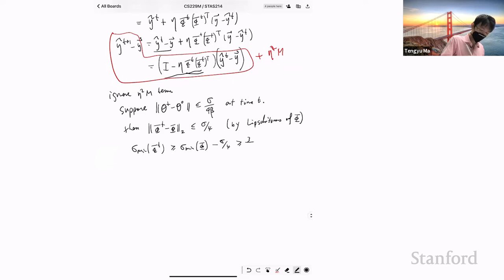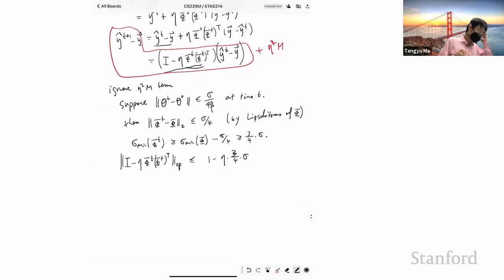This is larger than 3 over 4 times sigma. So sigma min of phi t is also good. You still have a lower bound for the eigenvalue, just a little bit weaker, up to a constant factor. And that means that the operator norm of I minus eta phi t transpose is less than 1 minus eta times 3 over 4 times sigma. Very similar to before.